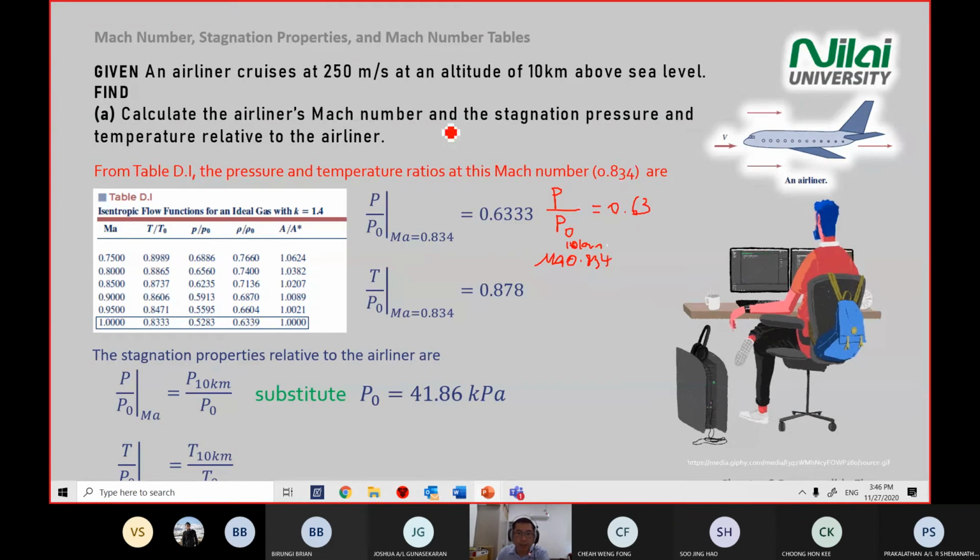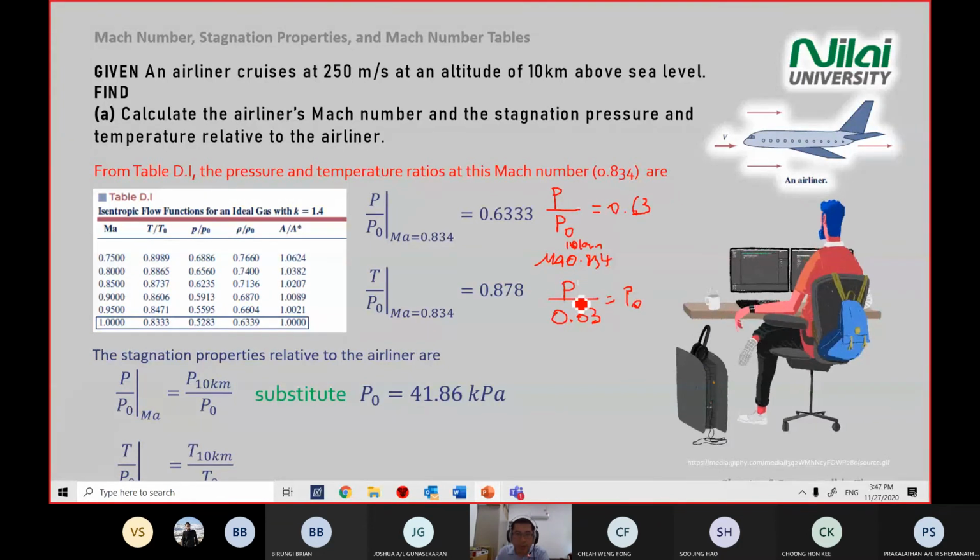Now, how do you find the stagnation pressure? You just work the mathematics. We want to find stagnation pressure, so you rearrange: P divided by 0.63 equals P0, which is the stagnation pressure.